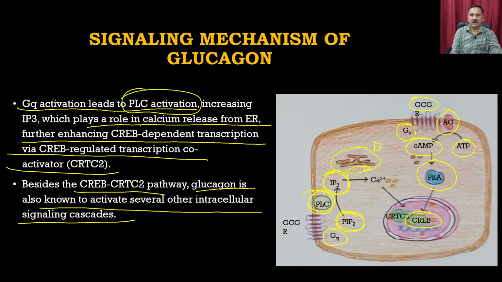So this is the ER to release the calcium, and once the intracellular calcium of the cell will go up, it is actually going to delineate the calcium dependent signaling within the cell, and that's how it is actually going to activate the CRTC2 signaling, and these two pathways are actually going to increase the blood calcium level.